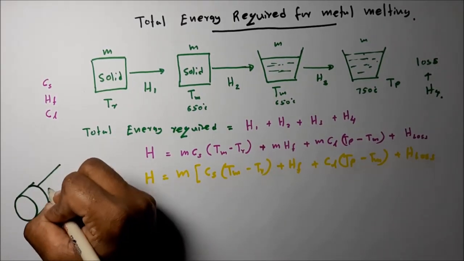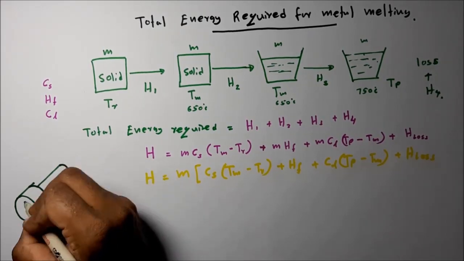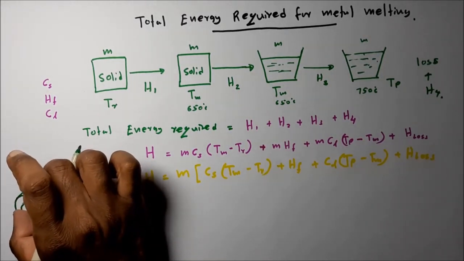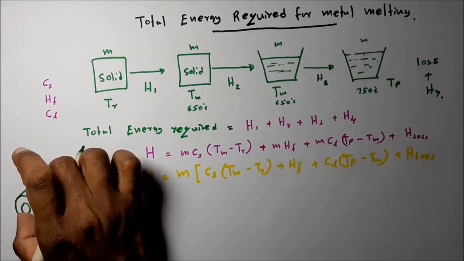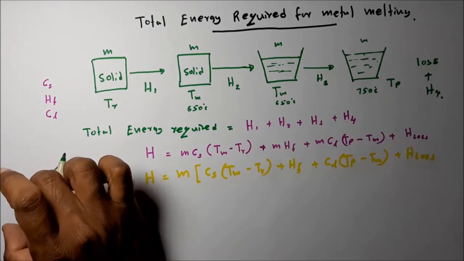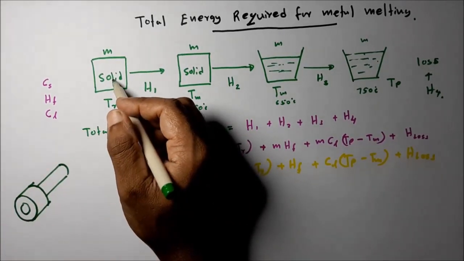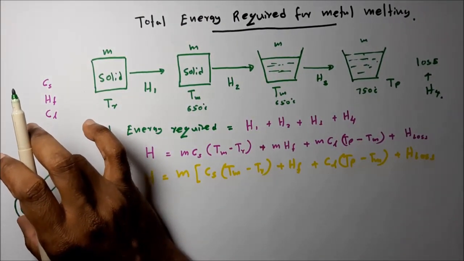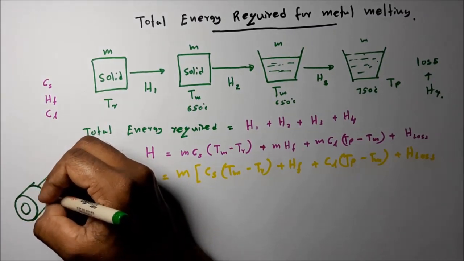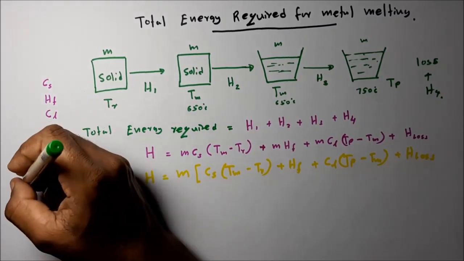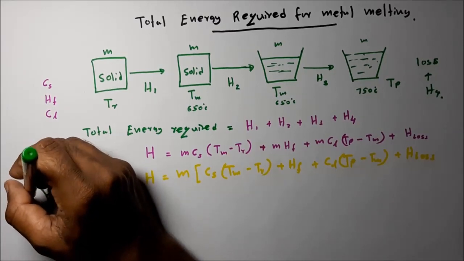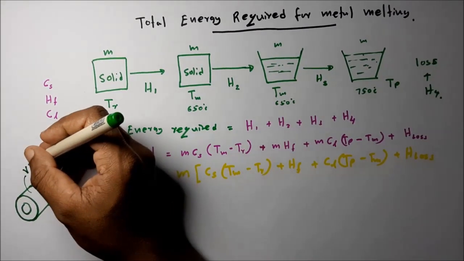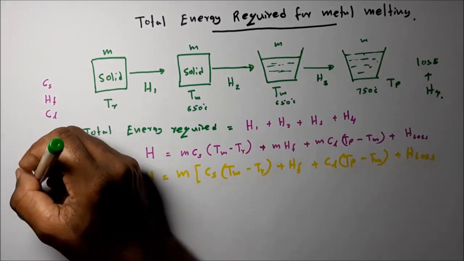To cast this product, we are going to melt metal. In that situation, we know the drawing of this diagram, so we can easily calculate the volume instead of calculating the mass.